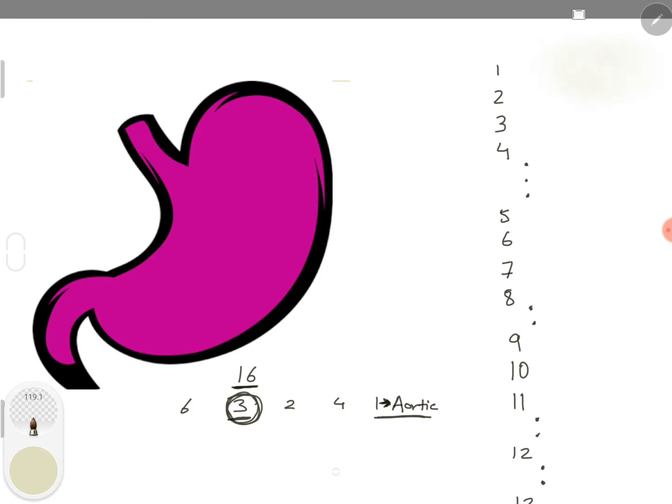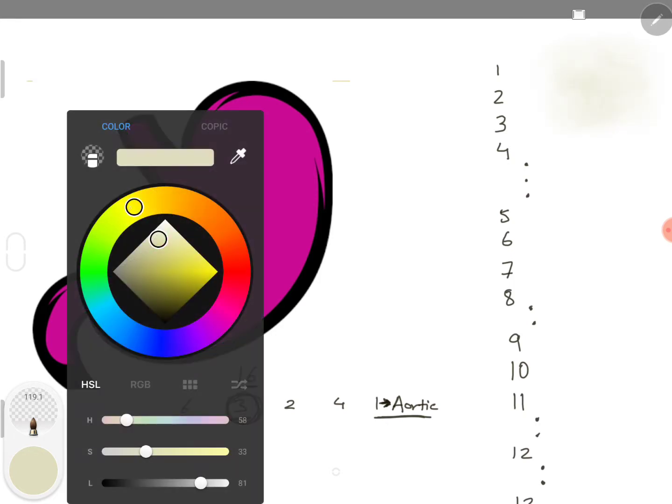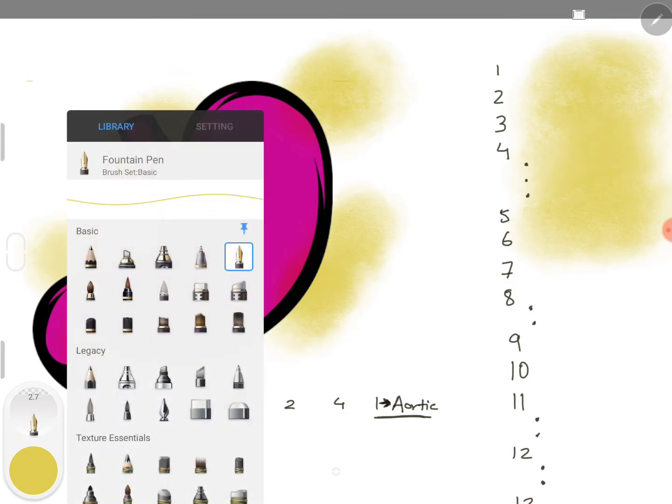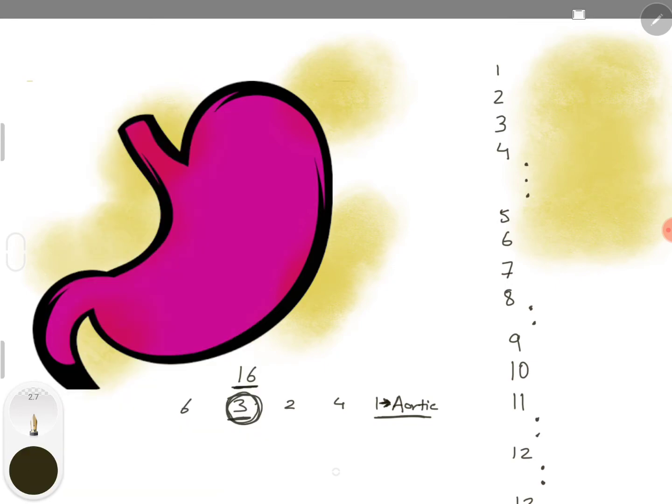So the first six lymph node stations, these are present over here: right pericardial, left pericardial, lesser curvature, greater curvature, suprapyloric, and infrapyloric.